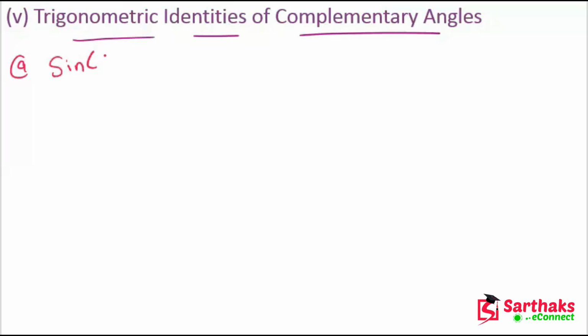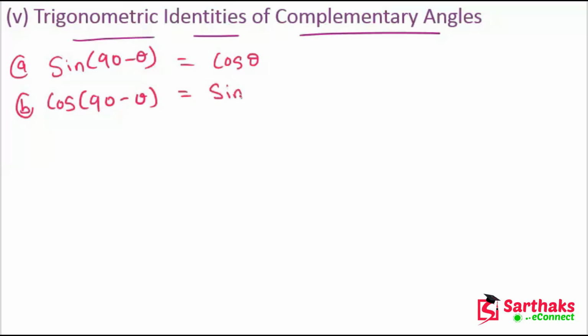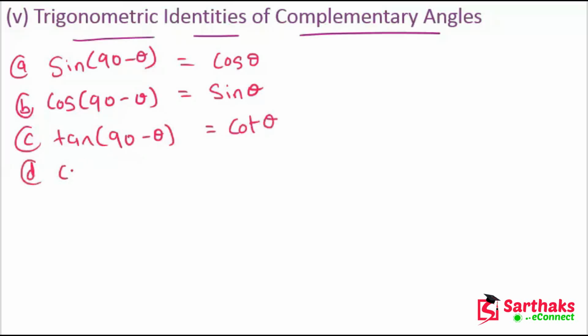Sine 90 minus theta, we know that it is cos theta. Cos 90 minus theta, this is sin theta. C part is tan 90 minus theta, this is cot theta. Cot 90 minus theta, this is tan theta.